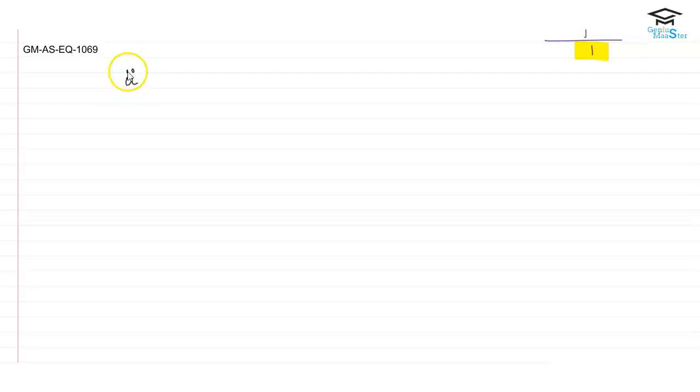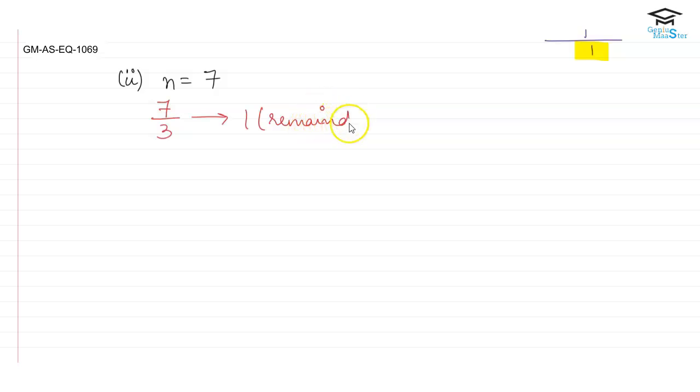Now we will take second number as 7. So when 7 is divided by 3, it leaves 1 as remainder. N cube is 7 cube, which is equal to 7 into 7 into 7. 7 into 7 is 49, 49 into 7 is 343.